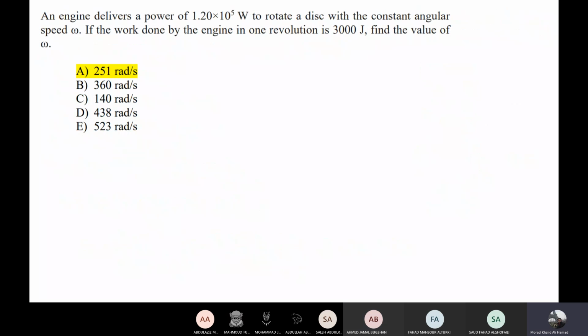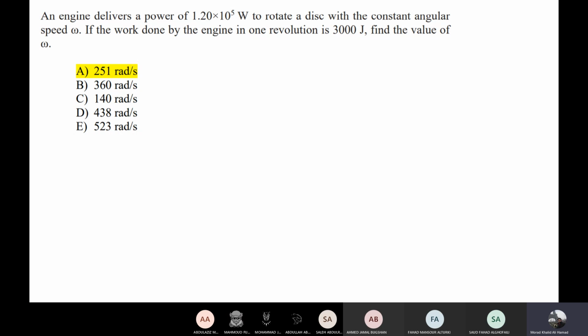Okay, the other concept is power. We know power from chapter, I don't know, 8 or 7. Power is equal to work, for example average power is work over delta T, or power equals F dot V, I don't remember. FV, yes.